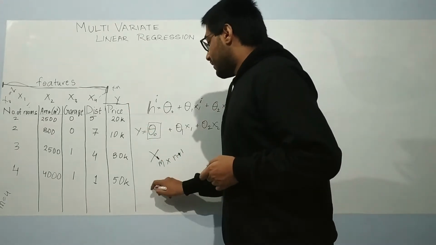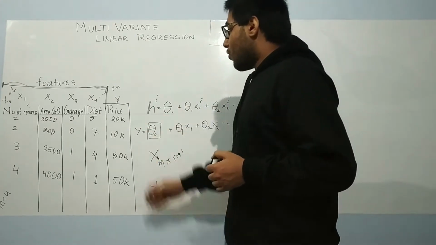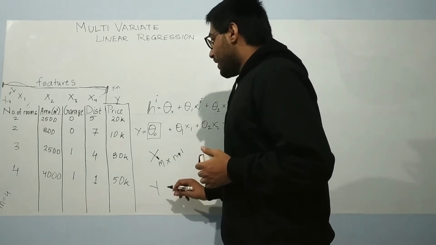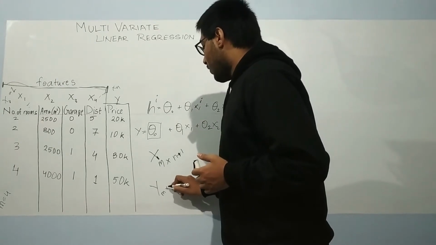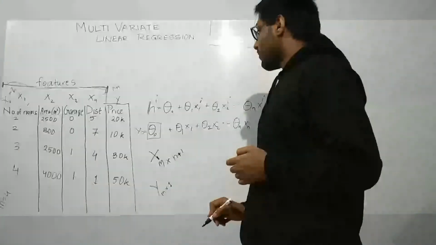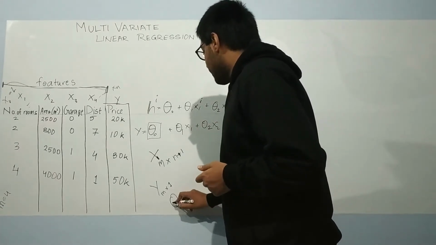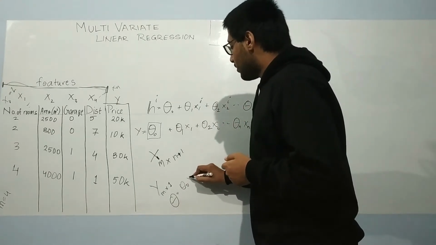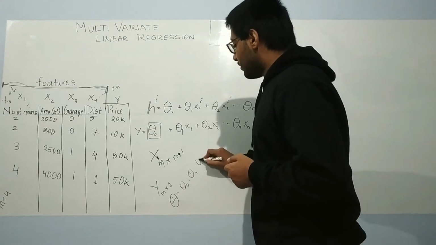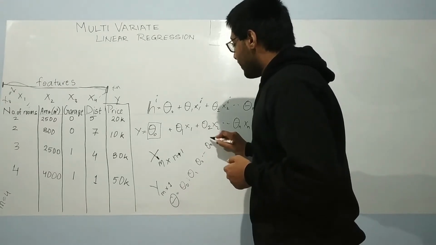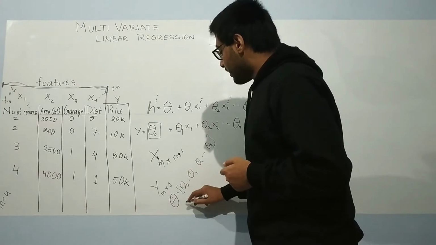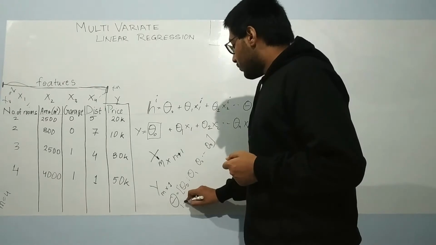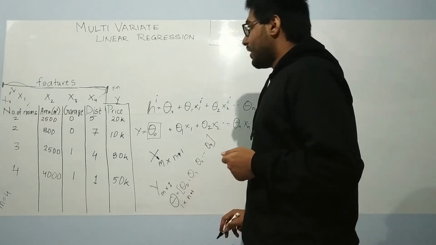And y, on the other hand, would be a column vector with the dimensions of m cross 1, as simple as that. And theta would be a single row vector: theta naught, theta 1, theta 2 until theta n. So the dimensions of theta would be 1 cross n plus 1, right?